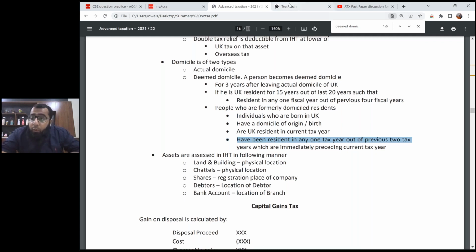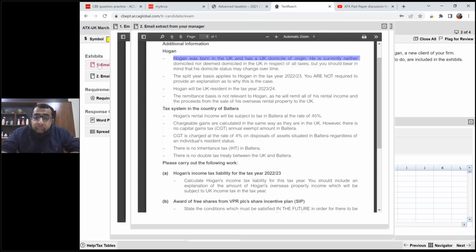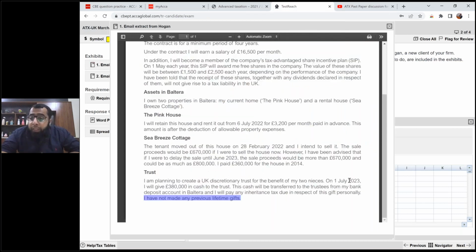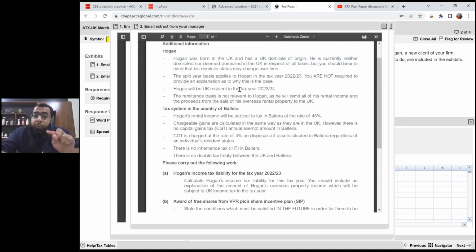Now let's look at the status of Hogan. Hogan is making a gift on what date? July 23. July 23 means 23-24. Now, if you look at the question, in 23-24, Hogan is a UK resident.